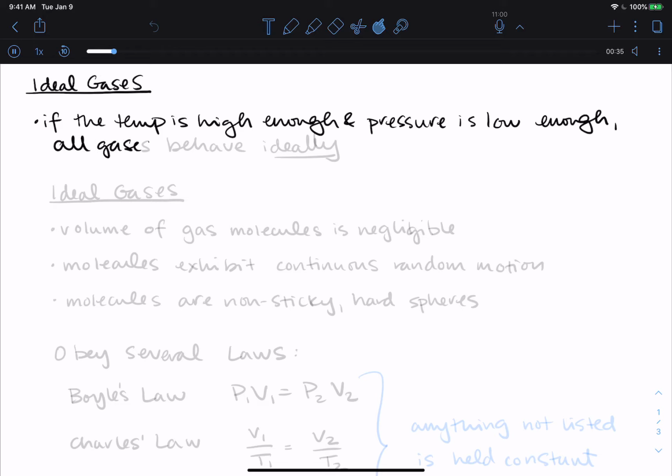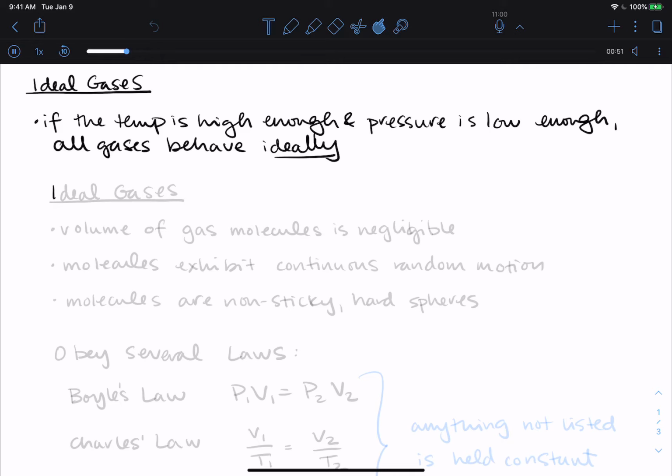And they all behave ideally. Which doesn't sound terribly helpful, but I promise we're getting to the important information here.